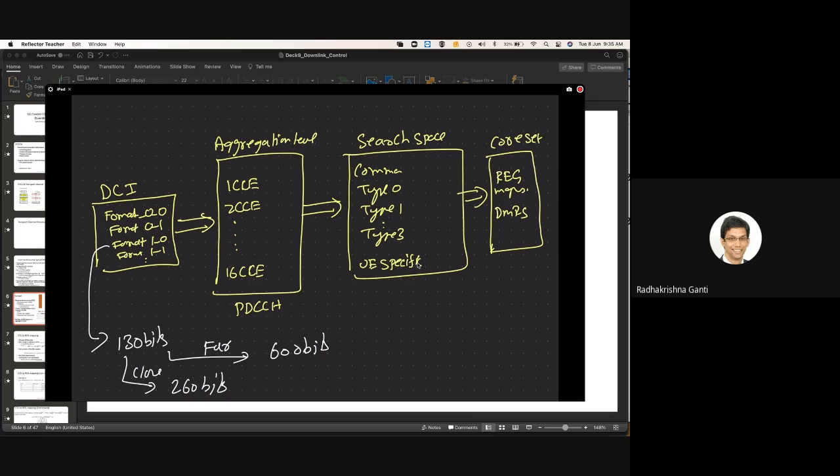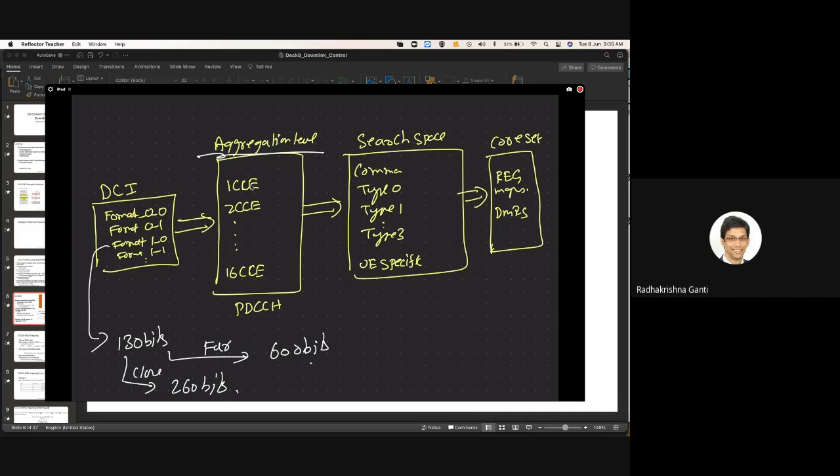Okay. So now these bits have to be mapped to certain resources. That is called the aggregation level. What does the aggregation level tell you? It is the number of CCEs. What is CCE called? Control channel elements. One CCE is 72 resource elements. We'll come to that later. So this is a block, and you have to allocate control channel in terms of blocks.